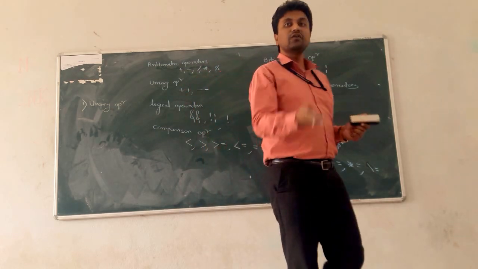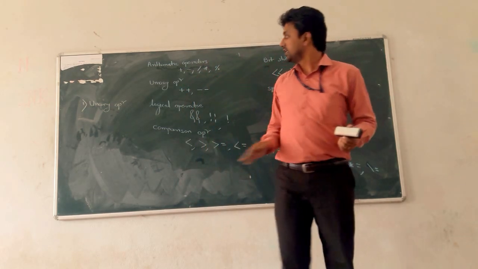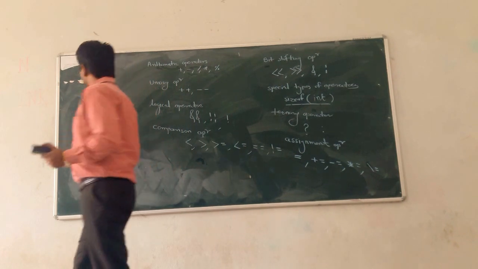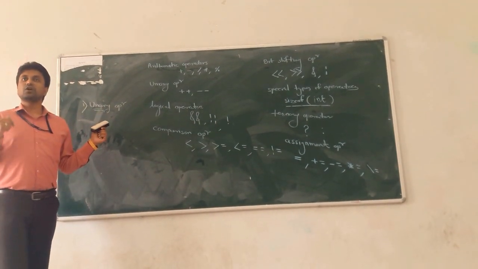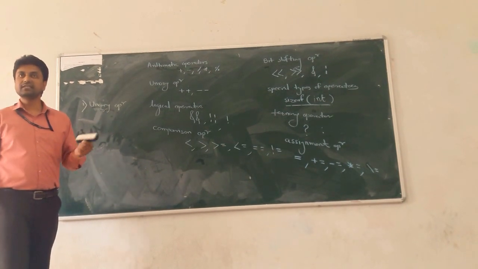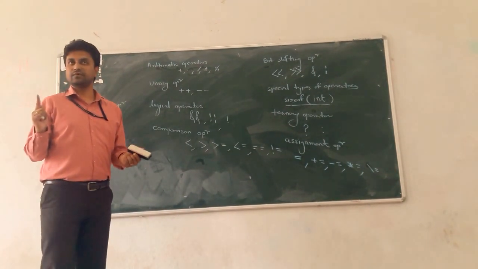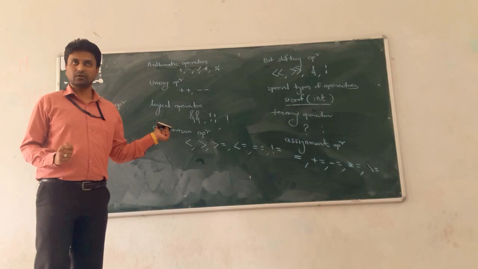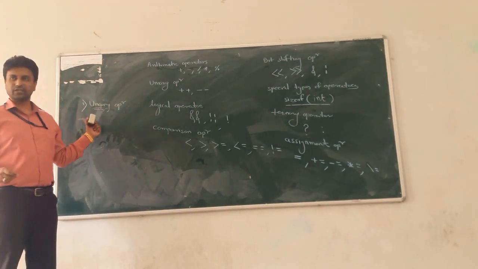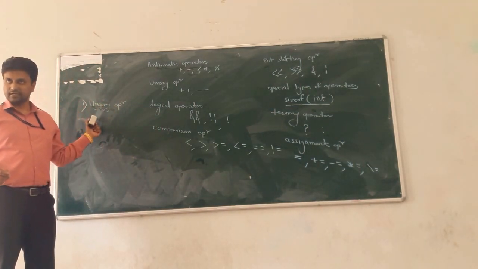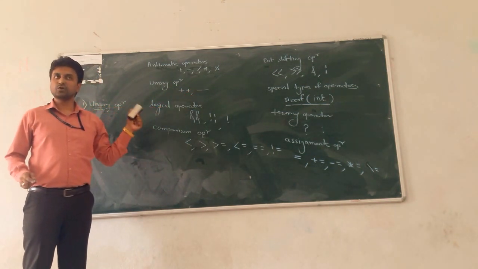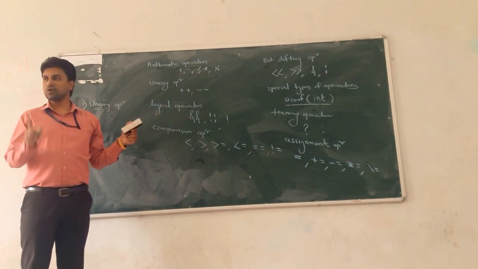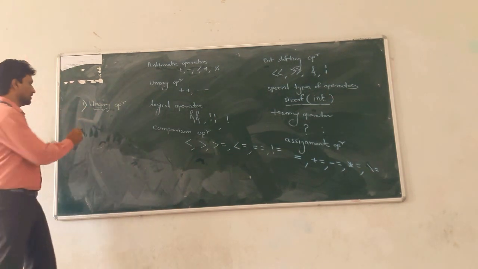It is called unary because that operator performs operation on only one operand. So it is called the unary operator. Clear? That is plus plus and minus minus, which only perform operation on a single operand. So it is called unary.